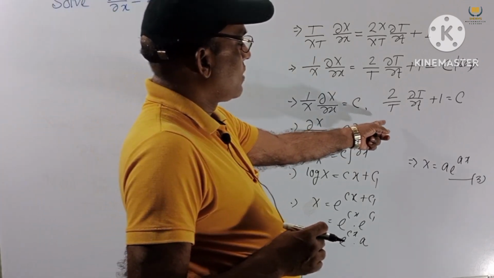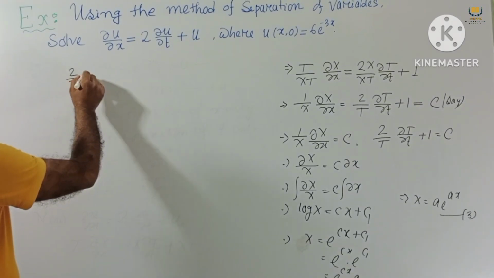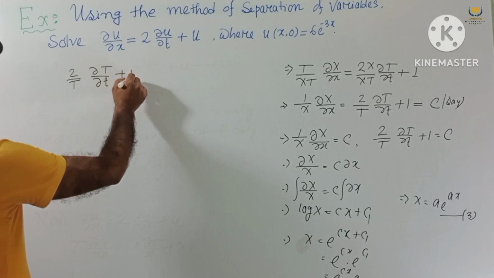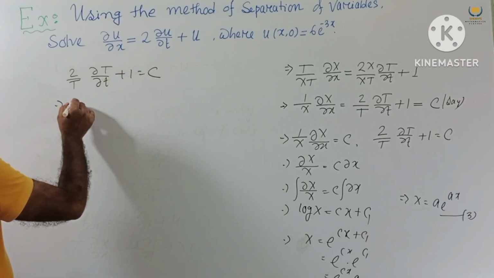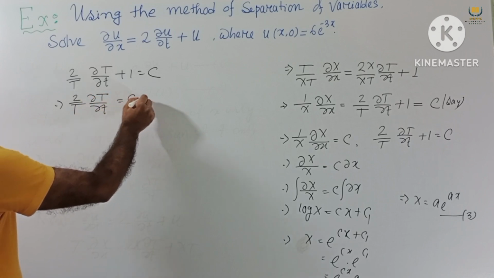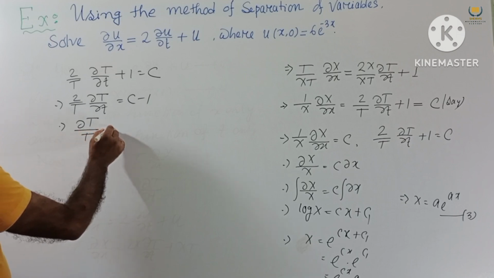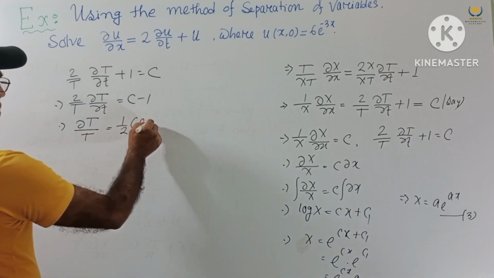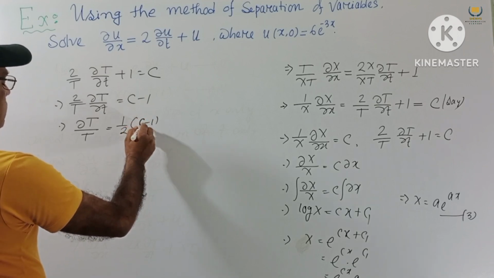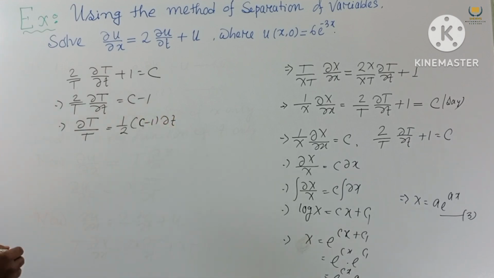Next we want to solve this one. So this is 2/T ∂T/∂t + 1 = c. So this is 2/T ∂T/∂t = c − 1, and ∂T/T is 1/2 (c − 1) ∂t.